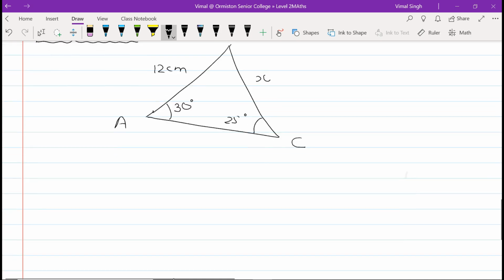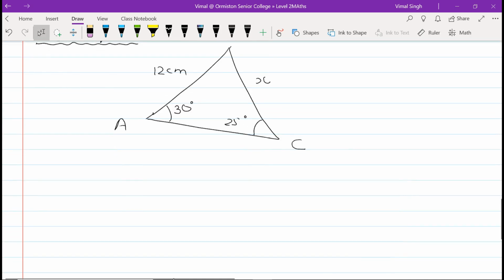Now, if you are going to calculate the length of the sides, then it's easier to write your sine rule as a over sine A is equal to b over sine B, which is equal to c over sine C.